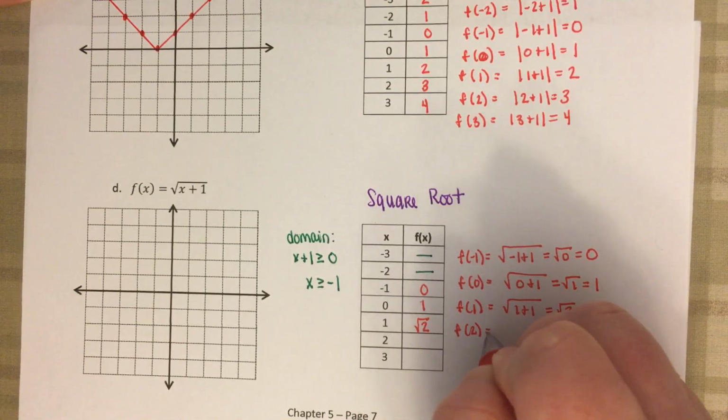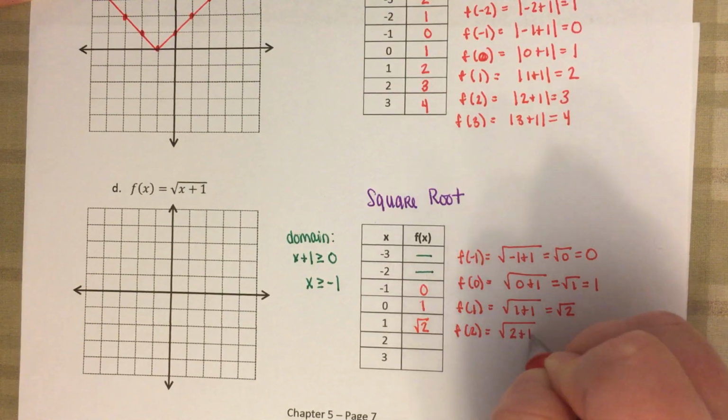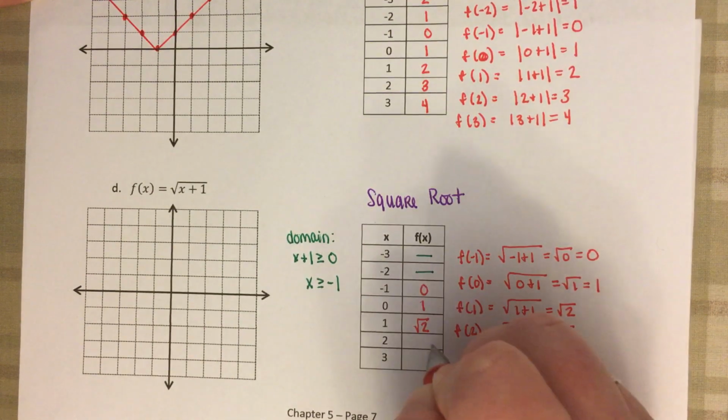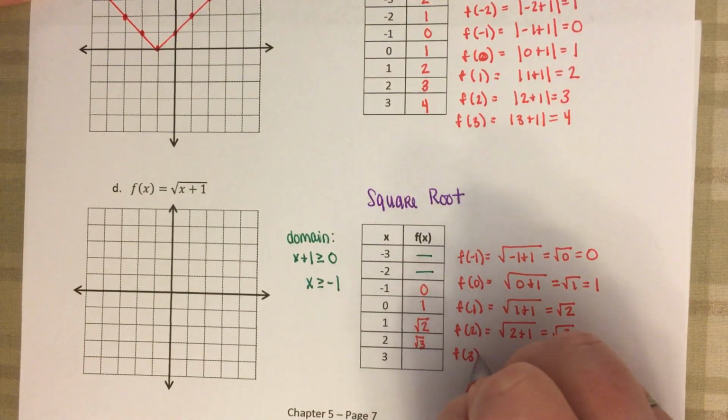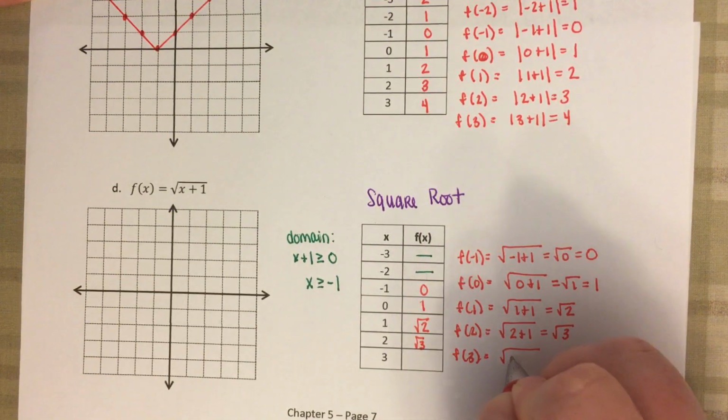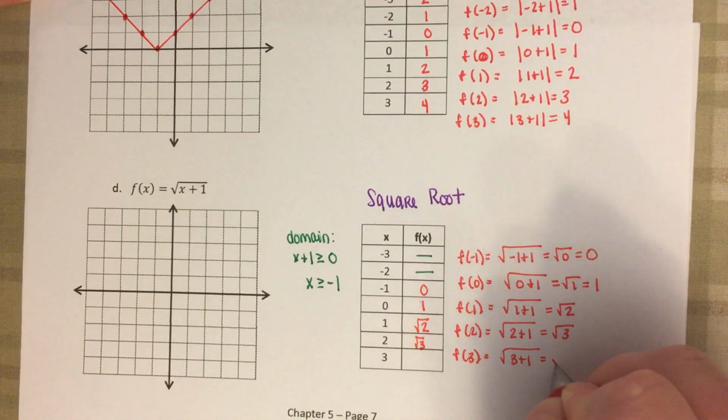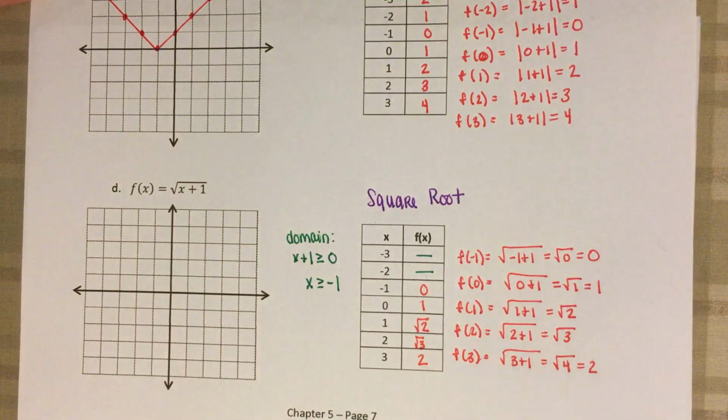F of 2, square root of 2 plus 1 is the square root of 3. F of 3, square root of 3 plus 1, square root of 4, which is going to give us 2.